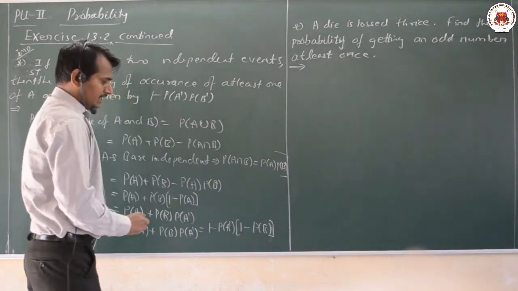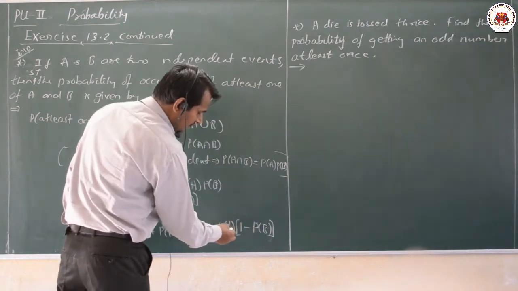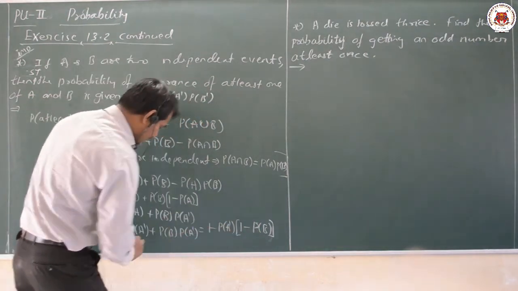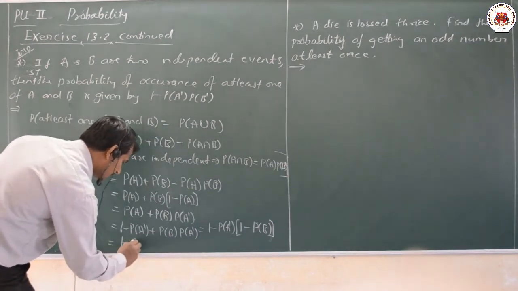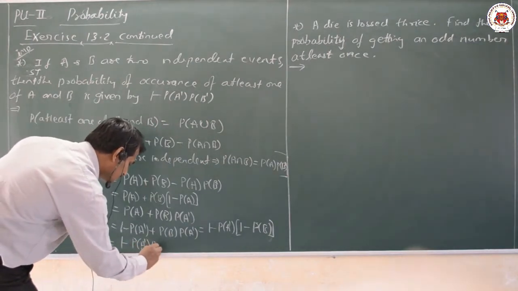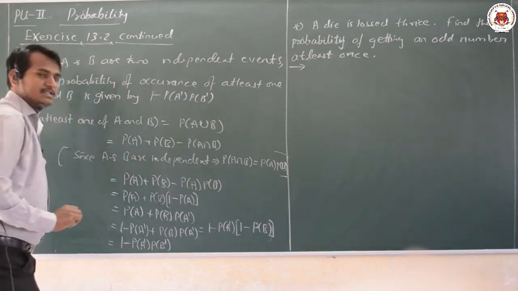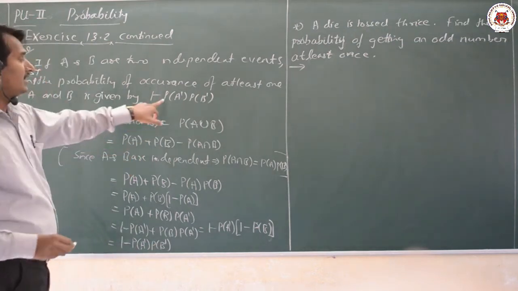That means we get P of A dash into 1 minus P of B, which is P of B dash. So what we get is 1 minus P of A dash into P of B dash, which is our required result.